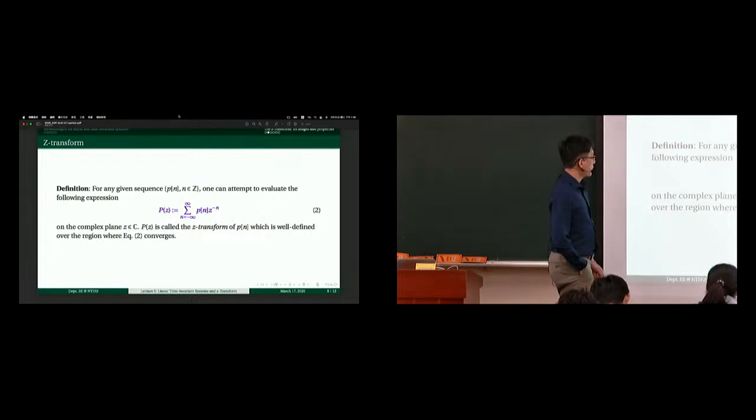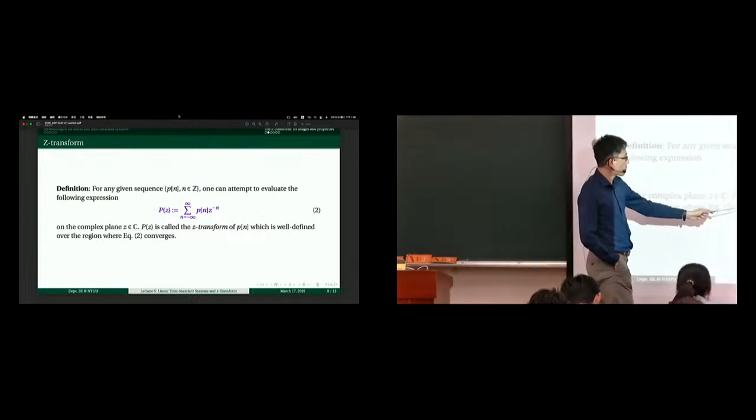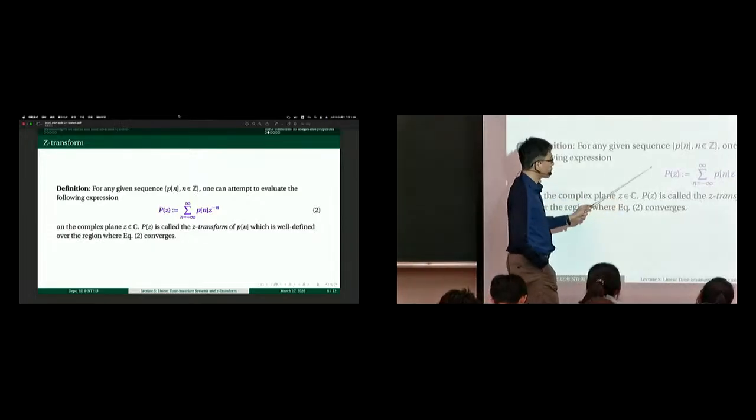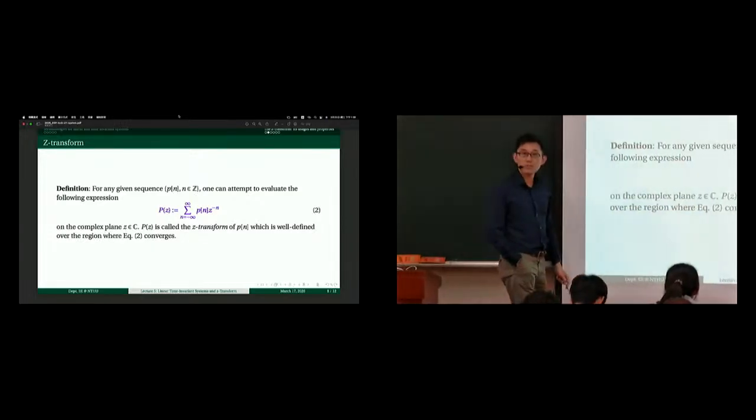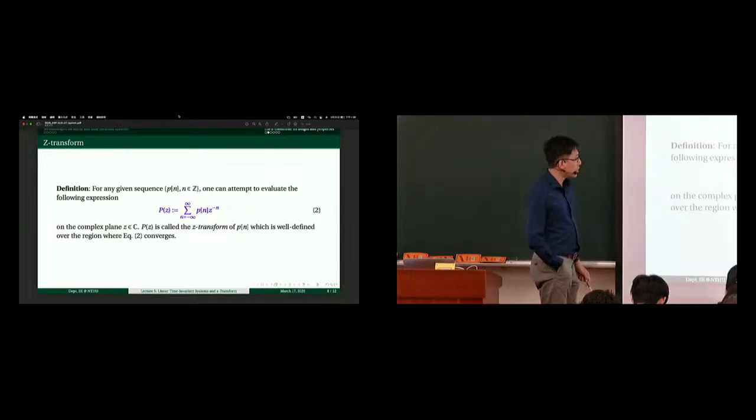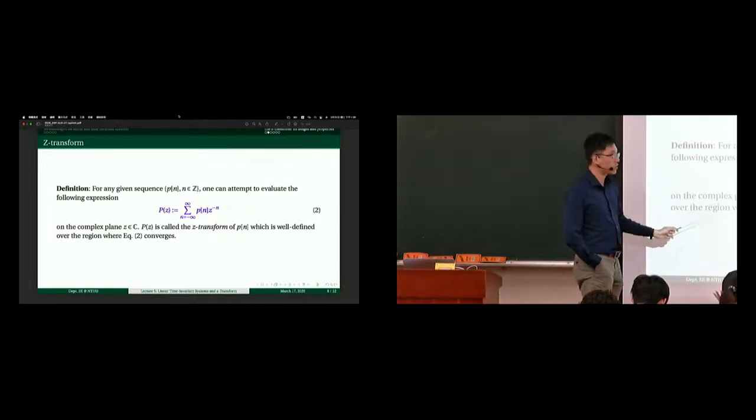The concern is that sometimes this expression does not converge. In general, it can diverge somewhere and converge somewhere on the complex plane.